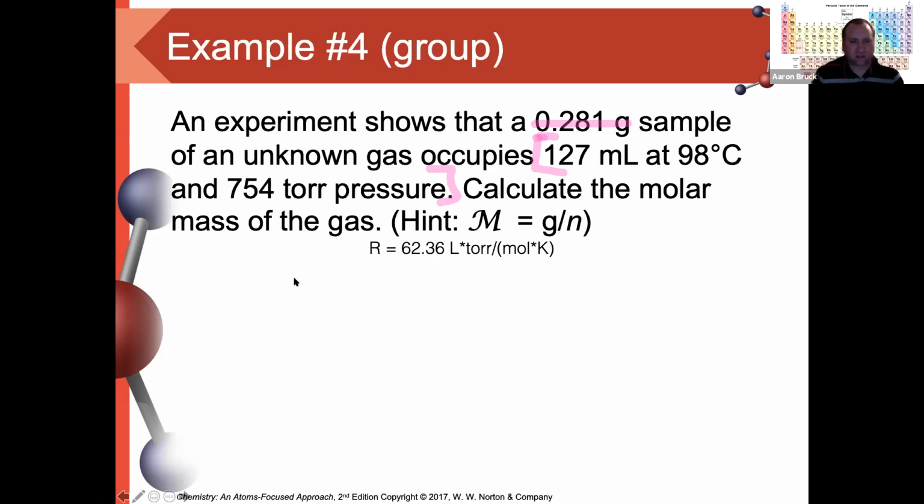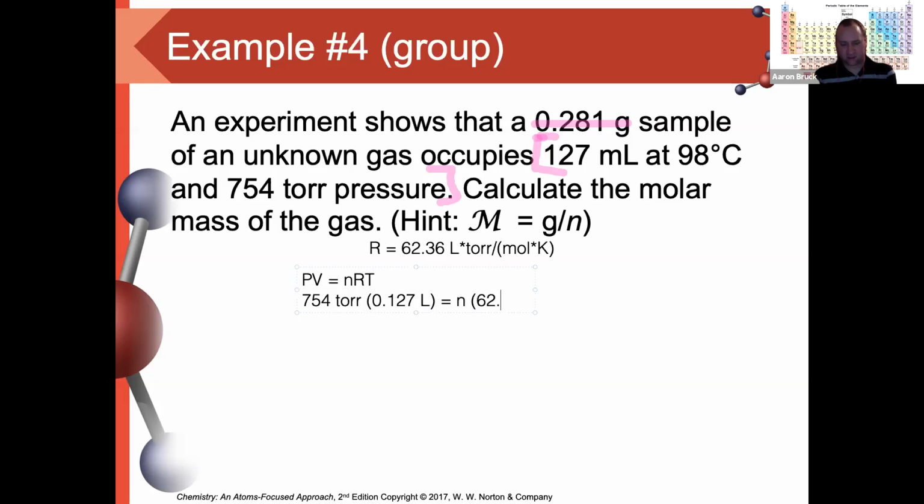All right, so let's start kind of piecing it together. We know we're going to need the ideal gas law. Our pressure in this case is 754 torr. Our volume is 127 milliliters, which would be 0.127 liters. We're trying to find n.